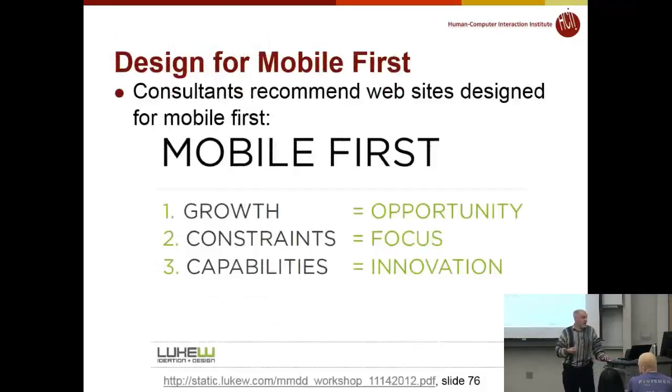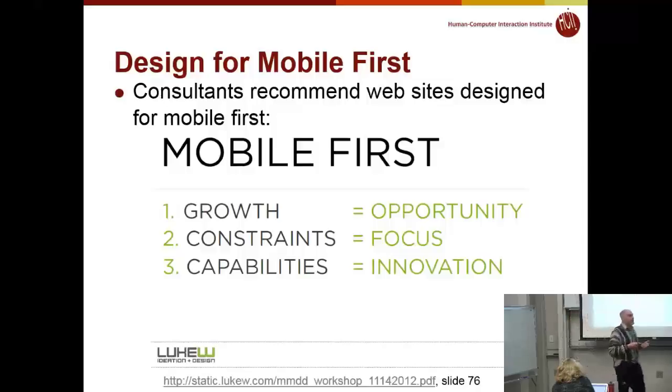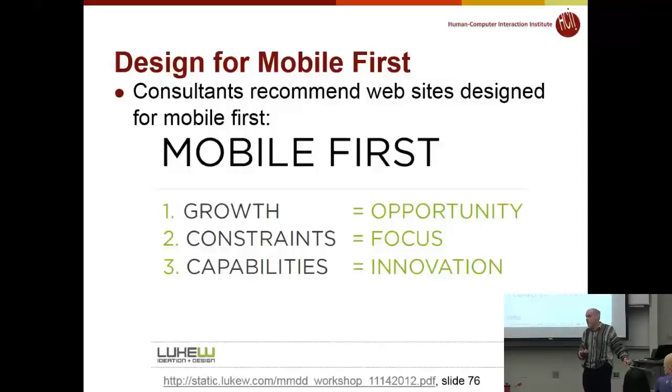The current mantra of designers is to design mobile first. And what that means is that if you're going to have a version of your web page for mobile and a version for desktop, design the mobile one first. And the key reason for that is to make you focus on what the most important aspects of your product are. What is the most important content?